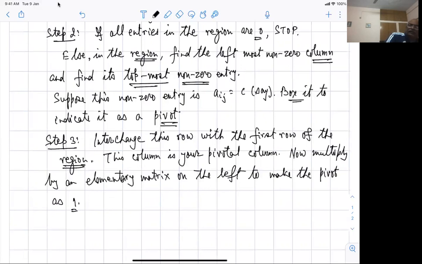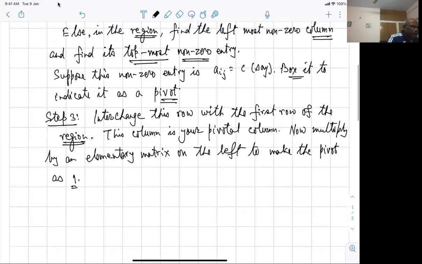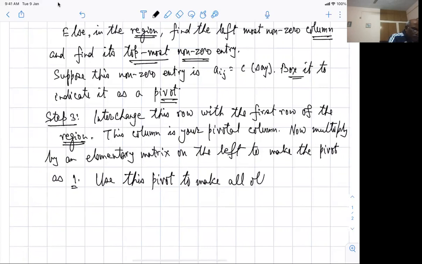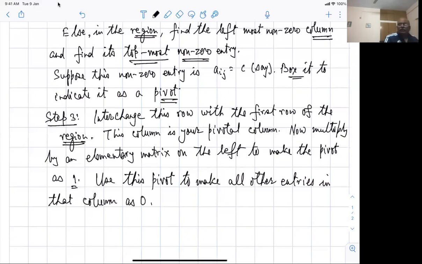Once you have done that, you can use this pivot to make every other entry in that column 0. So this is your step 3.